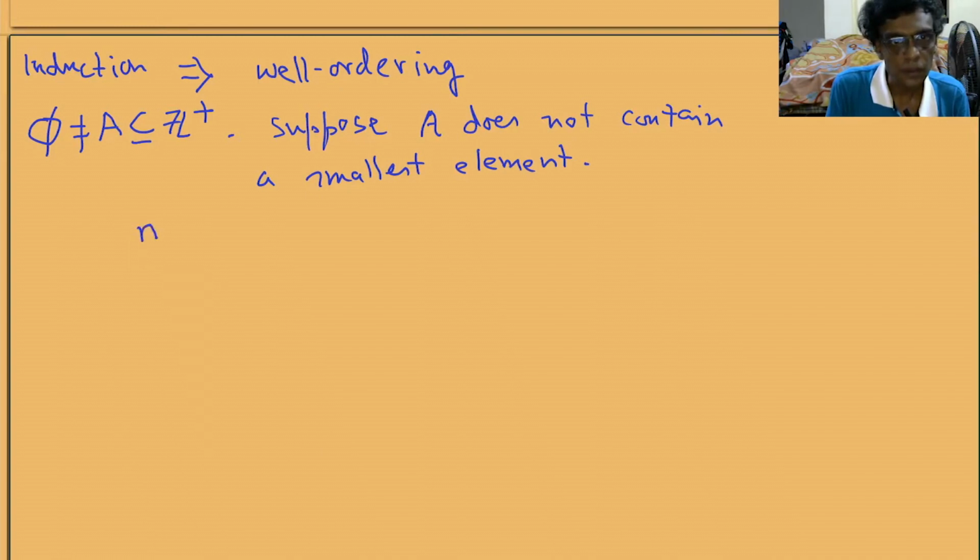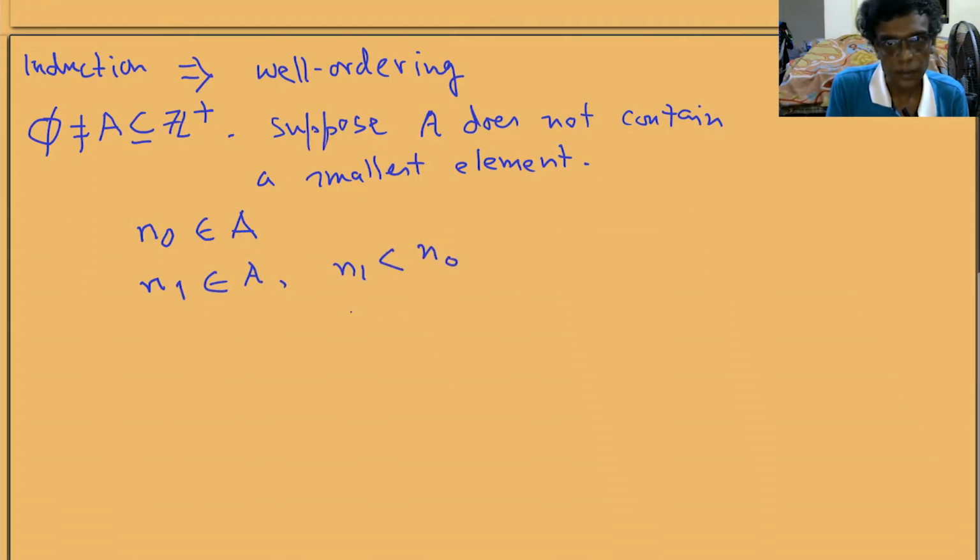I start with some n0. Since A is non-empty, I can find n0 from A. Now, since A does not contain the smallest element, n0 is not a smallest element in A. So it contains some n1 in A, n1 less than n0.